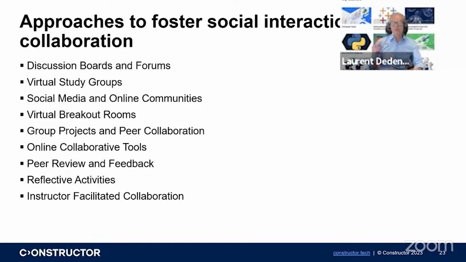And this social interaction and collaboration is basically the glue in between the formal programs, courses, and curriculum that you can find, making it a reality for students and faculty to engage with each other peer-to-peer, one-to-many or many-to-many in different collaborative manners, like in virtual study groups. I'll come back to some of them, where you can organize breakout rooms differently, but also have group projects where students actually work together.